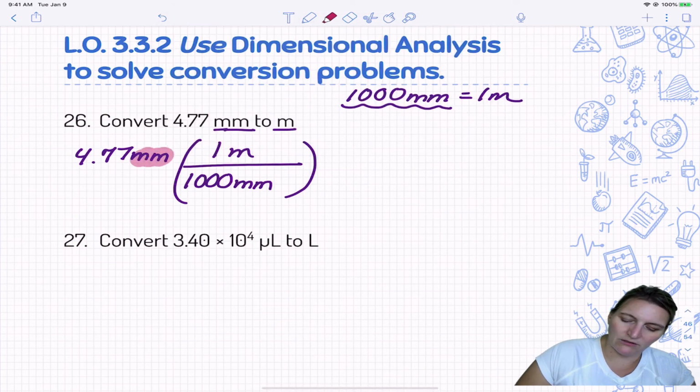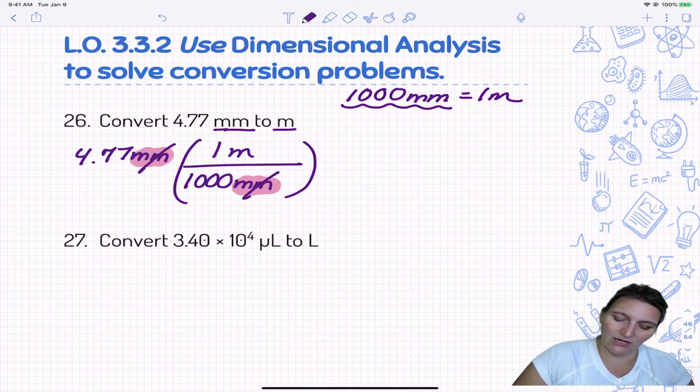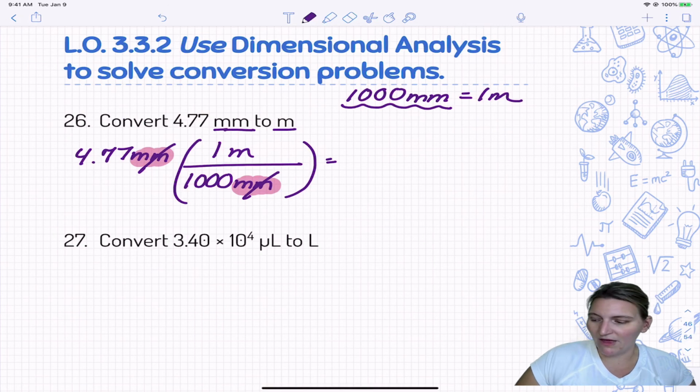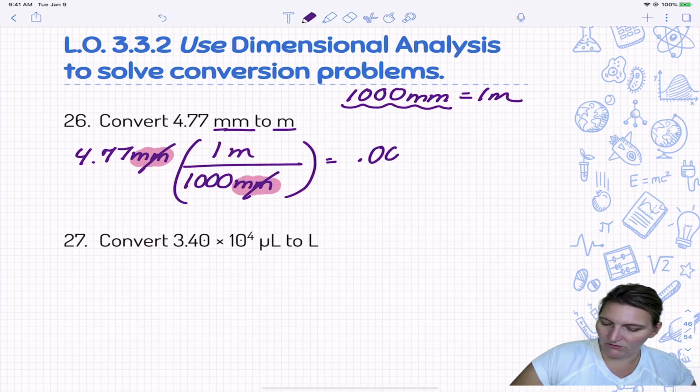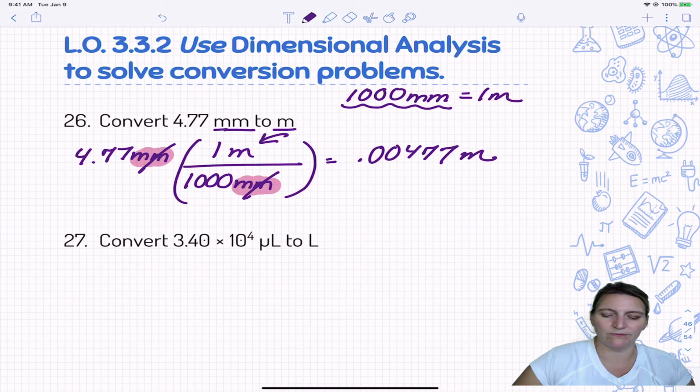Because millimeters and millimeters, those need to be the same, because the units, not the numbers, are going to cancel out. Now I plug that into my calculator. I get 0.00477 meters, because that's the only unit that didn't cancel out.